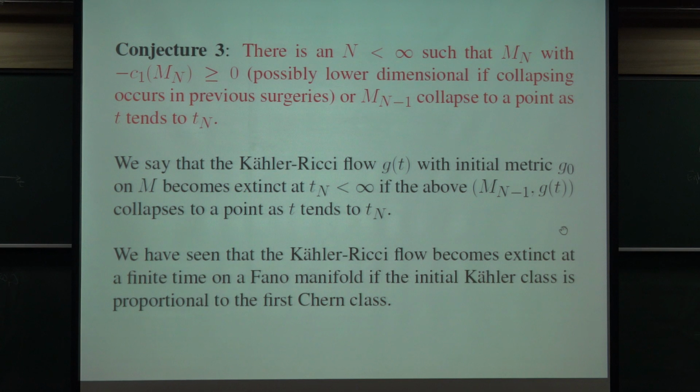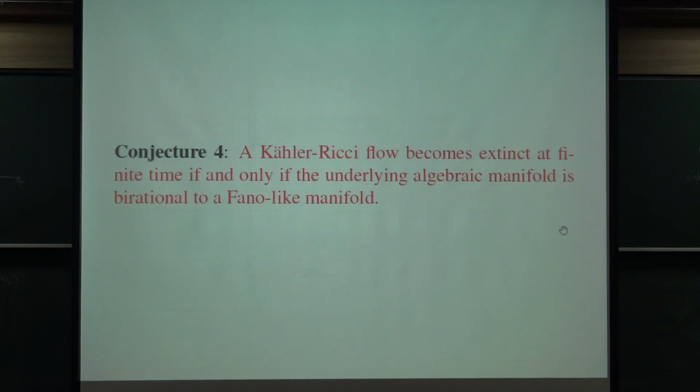So there is also a conjecture here: the Kähler-Ricci flow becomes extinct at finite time if and only if the underlying algebraic manifold is birational to a Fano-like manifold. If this algebraic manifold is birational to a Fano manifold, then Jian Song actually established this conjecture and verified it.